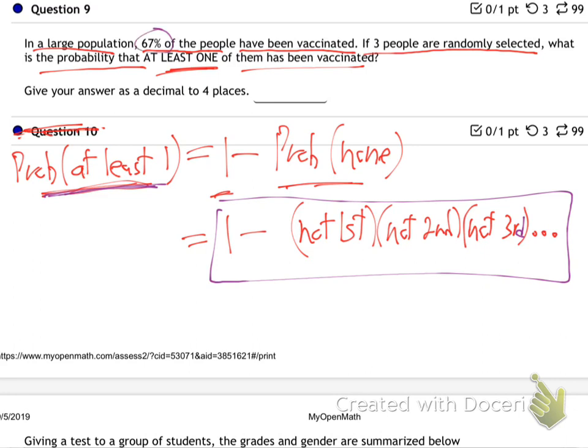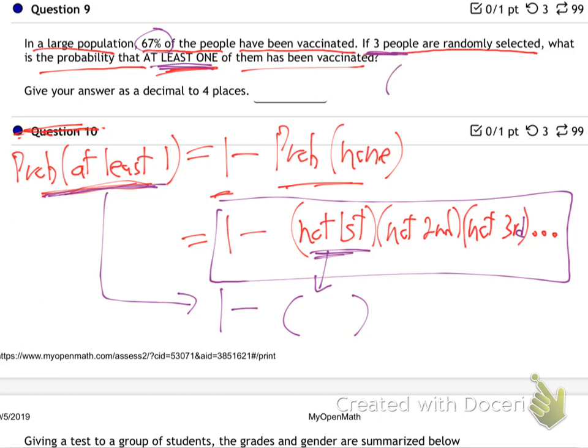So on this one, 67% of the population have been vaccinated. If 3 people are randomly selected, what is the probability at least one has been vaccinated? Well, at least one is going to be 1 minus, not the first. What's the chance that the first person has not been vaccinated? 33.